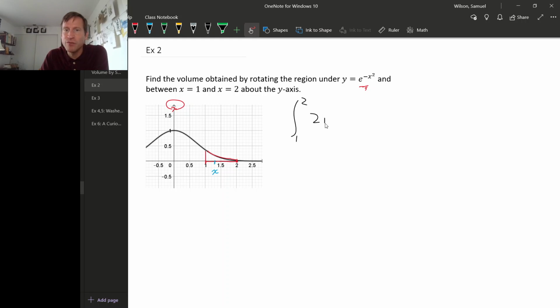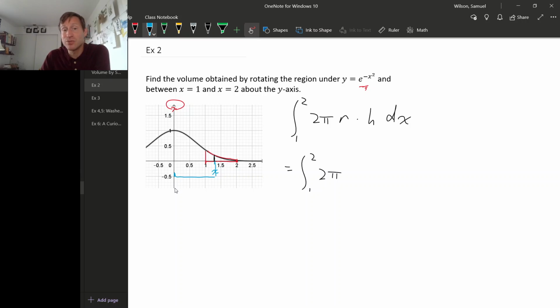We need the circumference of a circle, the circle traced out by the line segment at x. The circumference is 2 pi times the radius times the height of the line segment at x, dx. So now all we need to do is figure out what is the radius as a function of x. The radius is the distance from the axis of rotation over to the position that we're at.